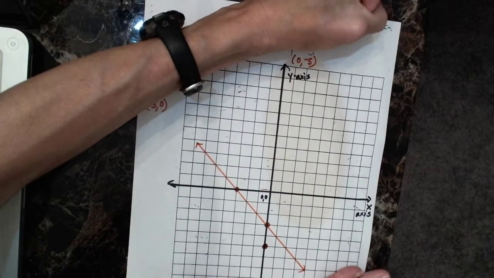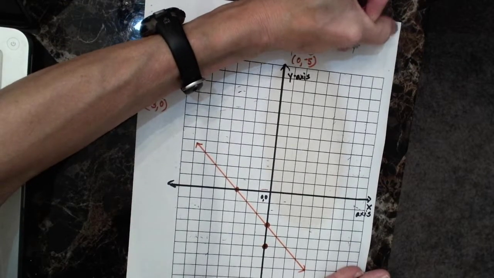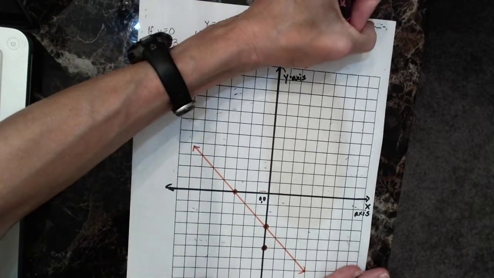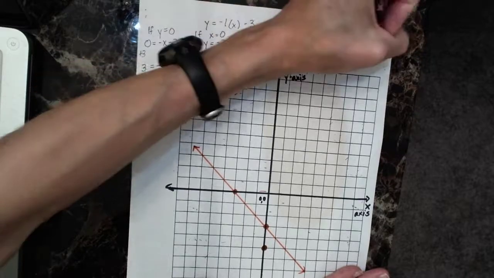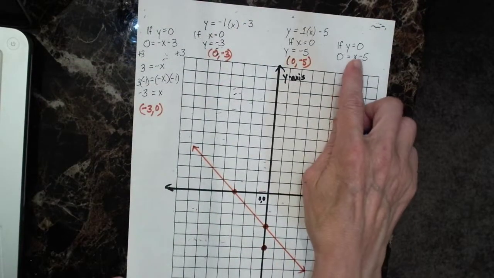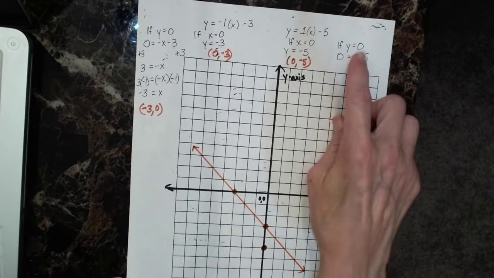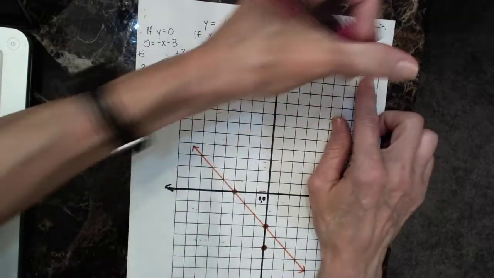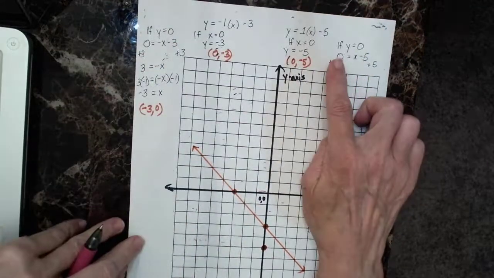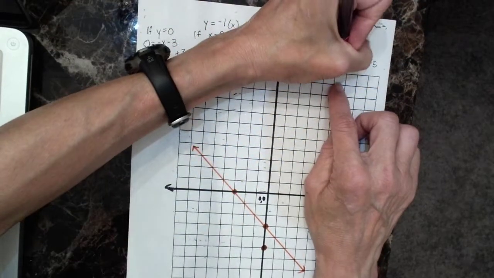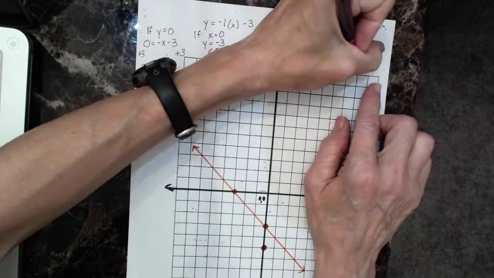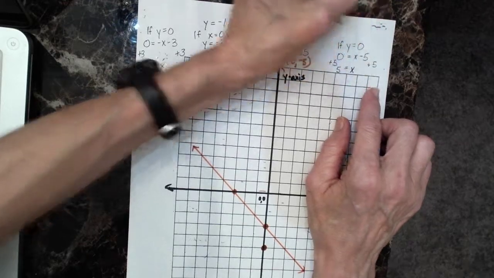So if y equals 0, then we have 0 equals x minus 5. So remember, we want x alone since we decided we were going to let y equal 0. So we have to add 5 to both sides. So 0 plus 5 is 5. And now since we eliminated the 5, we have x equals 5 or 5 equals x.